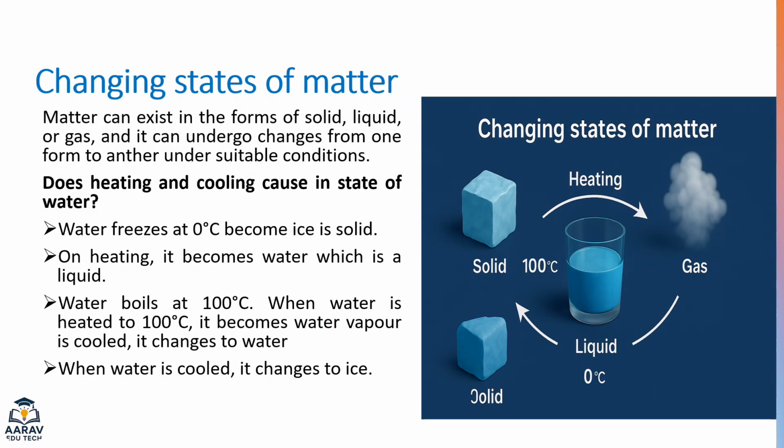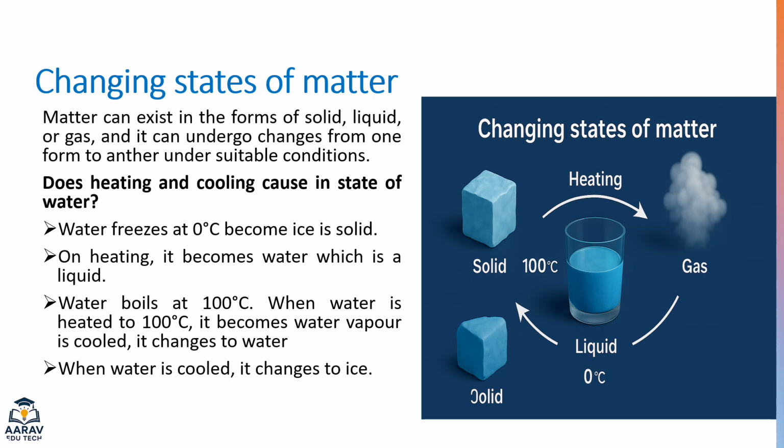Matter exists in three main states: solid, liquid, and gas. Under suitable conditions, matter can change from one form to another. Let's take an example of water. At 0 degrees Celsius, water freezes and becomes ice, which is solid. When we heat ice, it melts into water, which is a liquid.